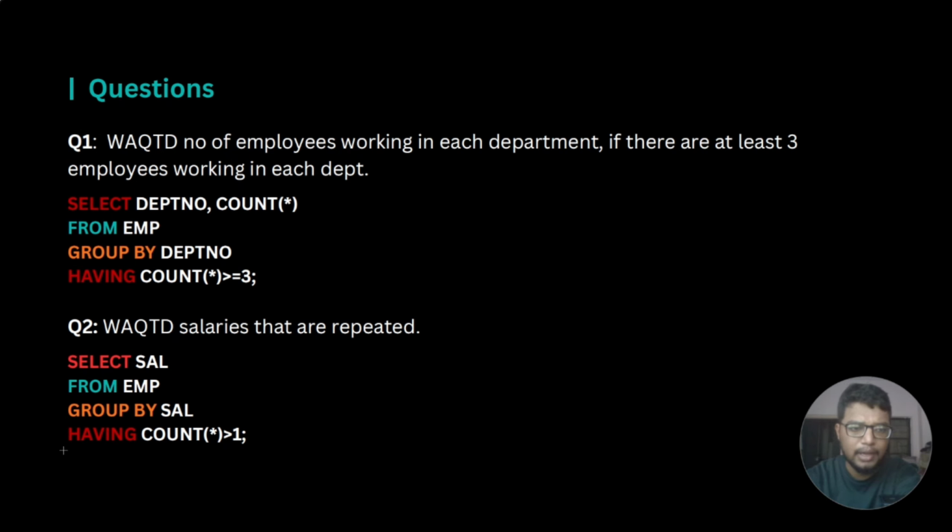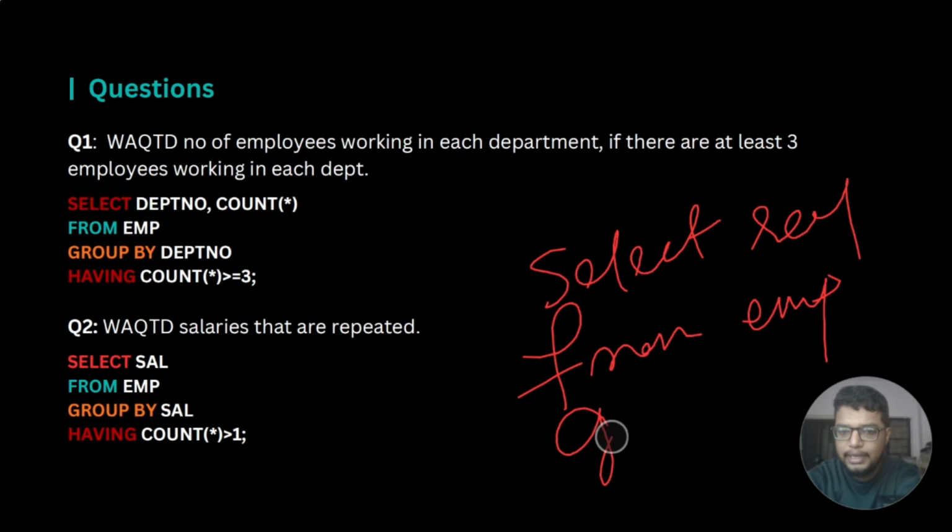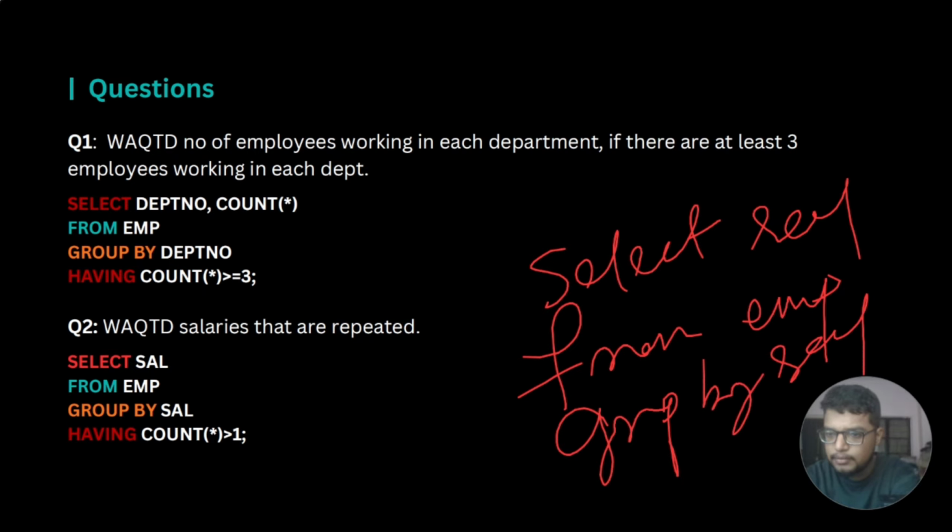Let's see how to resolve that. So we have to display the salary. Whenever we have to display the salary, we can select the salary first, and we are performing the operation on our employee table. Then we have to group the salary because we have to find the repeated salary. So blindly we can group by salary. This much we already know. The additional part is the having clause.